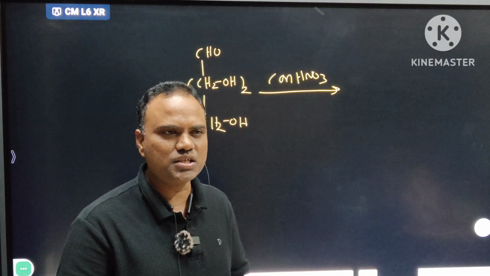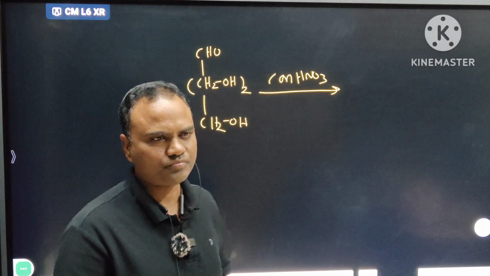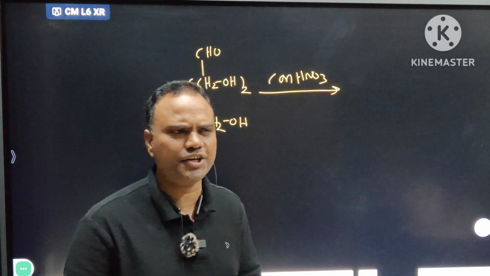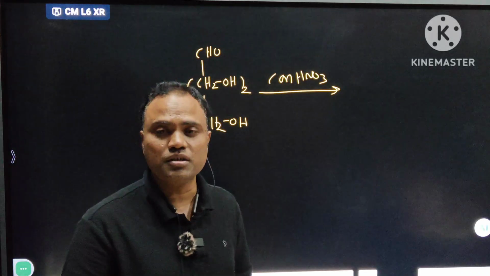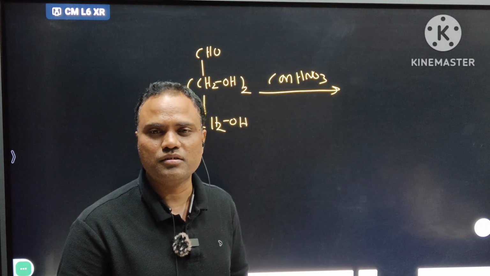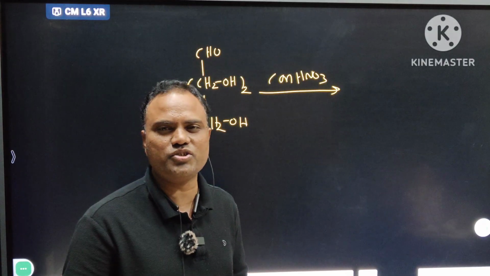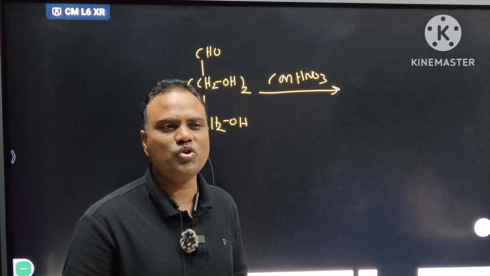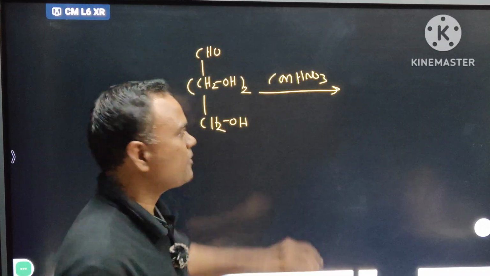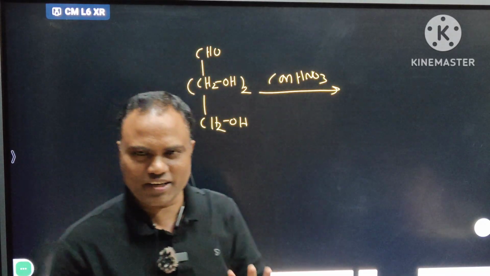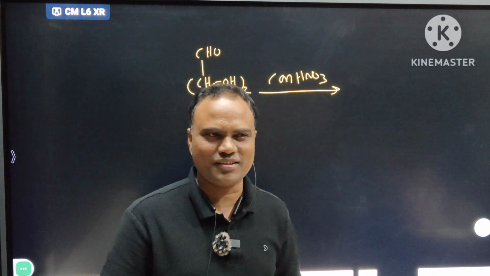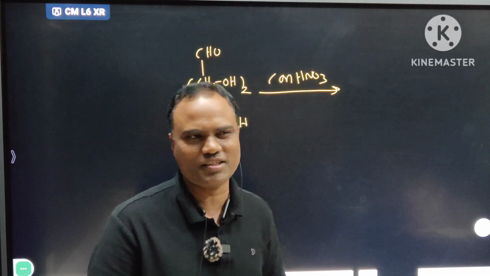Primary alcohol when treated with a strong oxidizing agent, what is the product? In the alcohol chapter you learnt RCH2OH gives rise to COOH, acid is formed, and aldehyde is ready. It is always ready to undergo oxidation, with any mild or strong oxidizing agent.